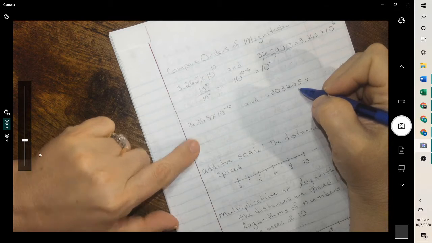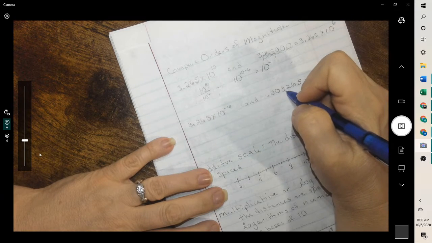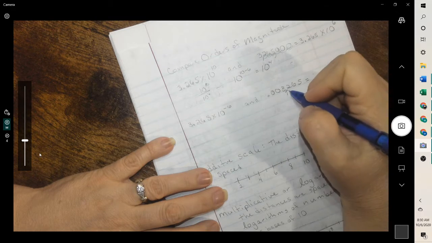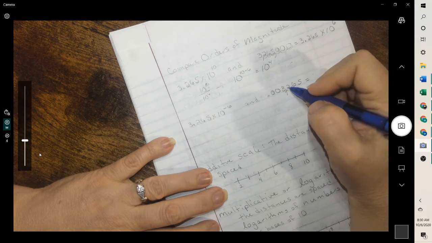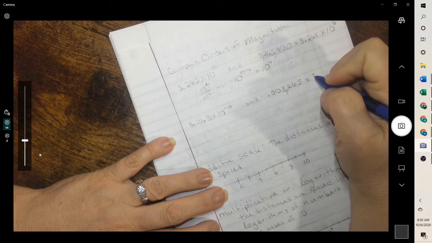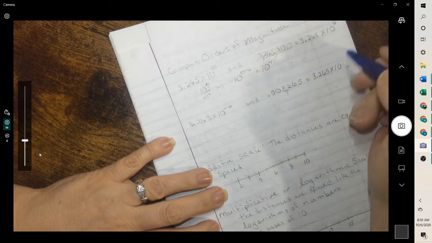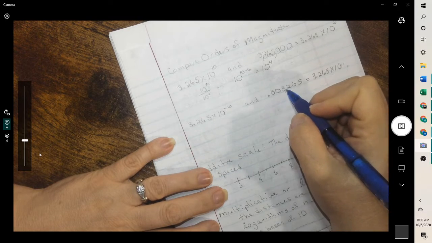Again, the same values, but we rewrite them so they're in scientific notation, which means the decimal would need to go between the 3 and the 2. Because remember, it's always a number between 1 and 10. In this case, we move the decimal 3 places.